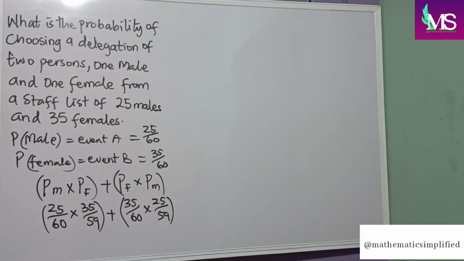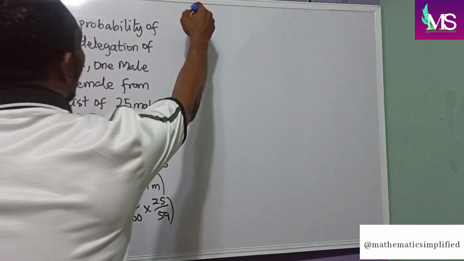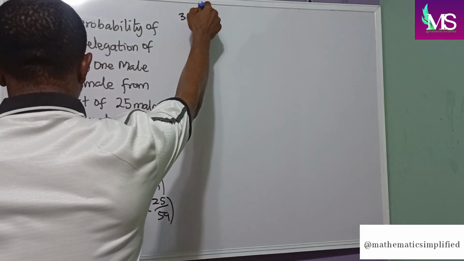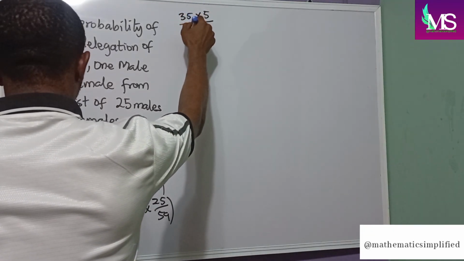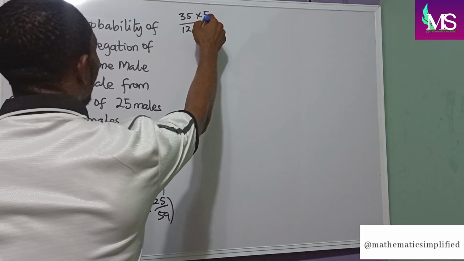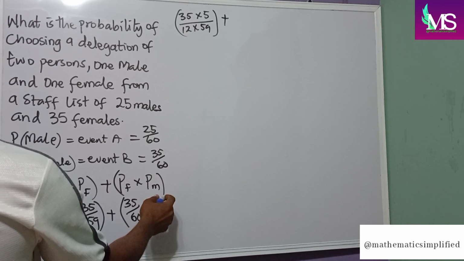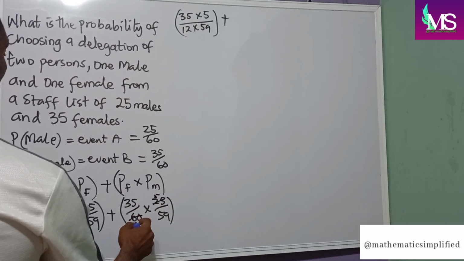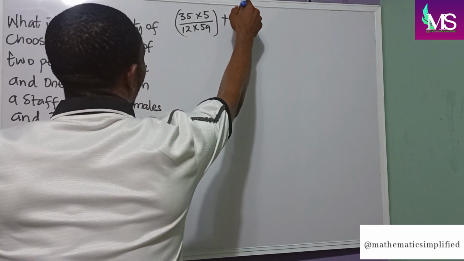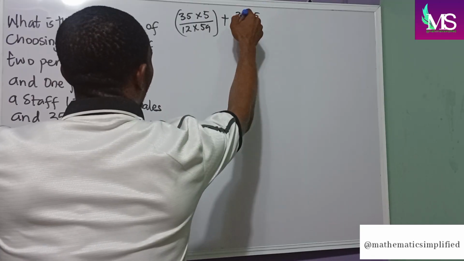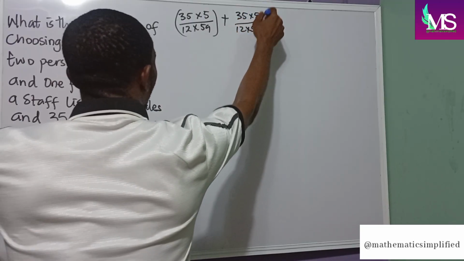Now at this point, we can cancel out. 5 here will give us 5, 5 here will give us 12. So we have 35 times 5 all over 12 times 59, plus, 5 here, 5, 5 here, 12, 35 times 5 all over 12 times 59.